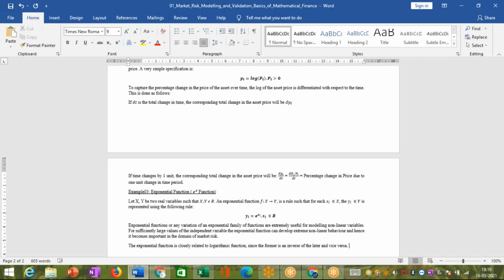So similarly, if the exponential function is the inverse of the log function, the log function will also be an inverse of the exponential function, right? So that's the next part.